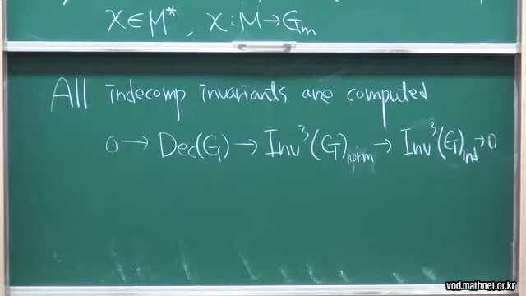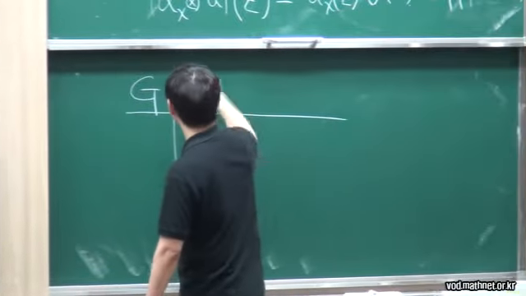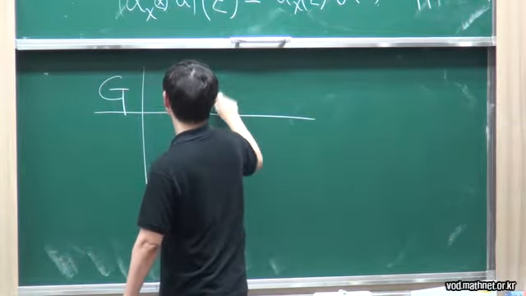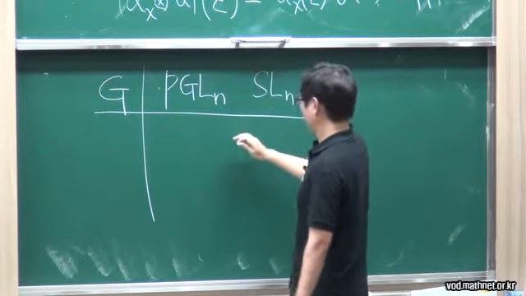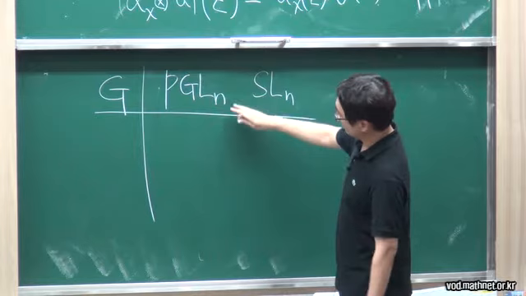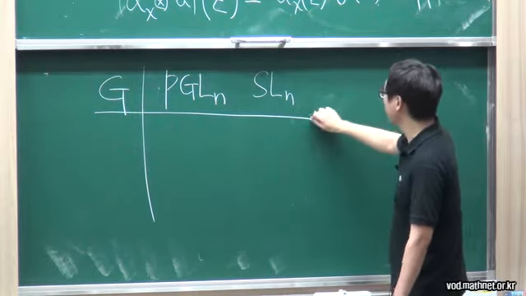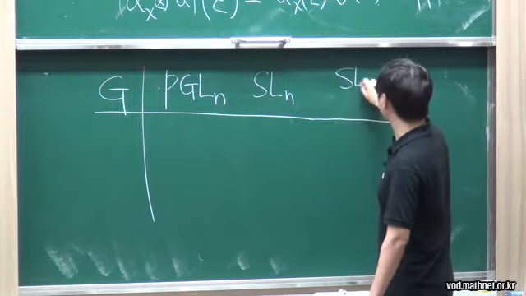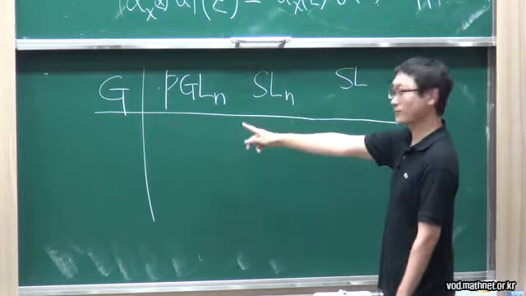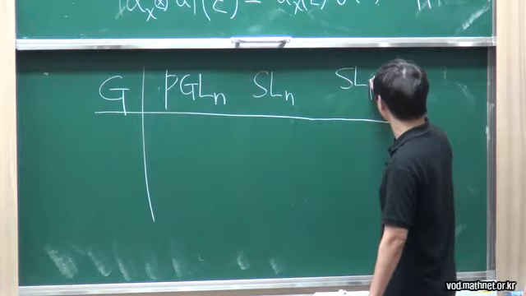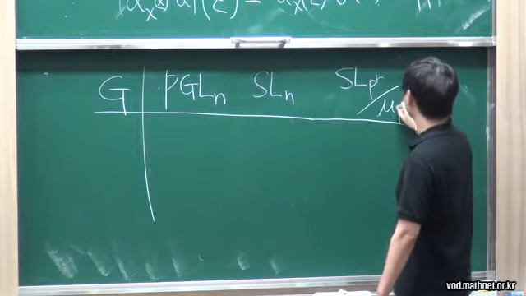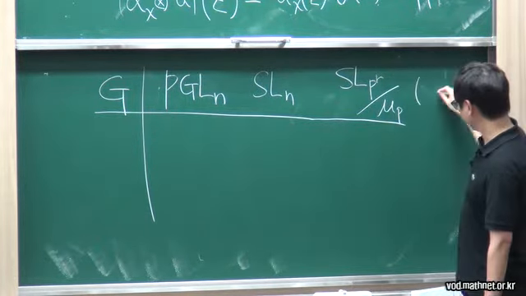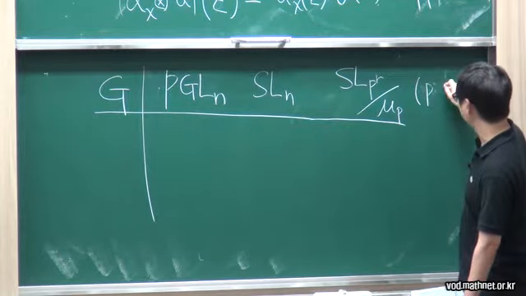Let me give some examples. So, G is SLn, PGLn, the adjoint group, projective general linear group, and simply connected group, and the group between simply connected and adjoint. Let's say some power of prime p, and let me restrict it to the case of p is odd.